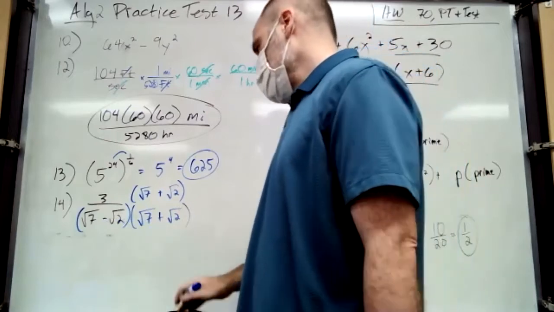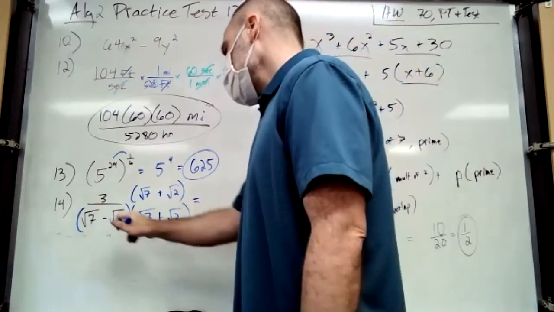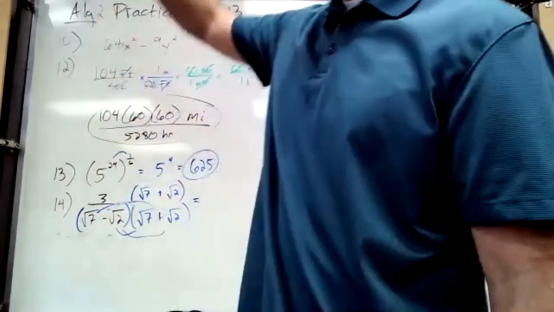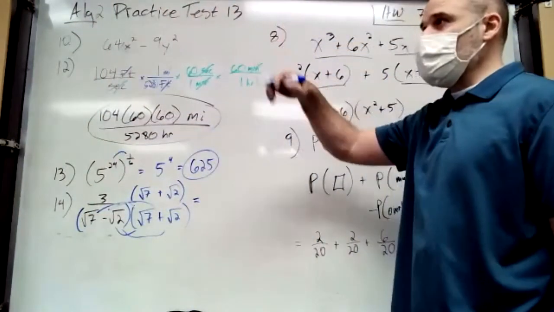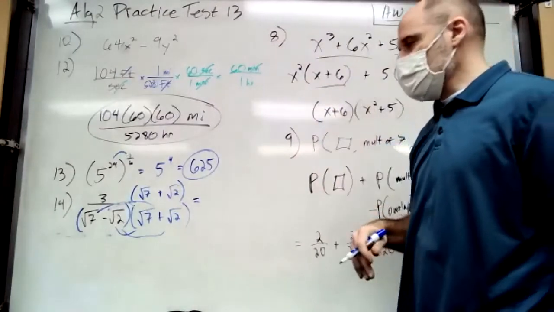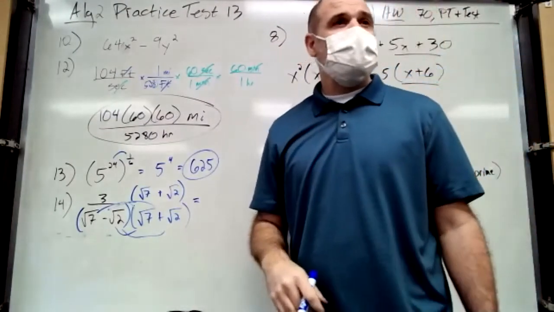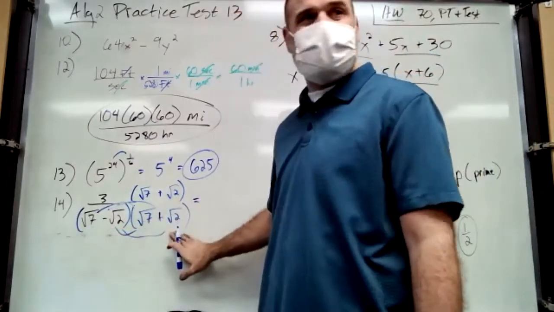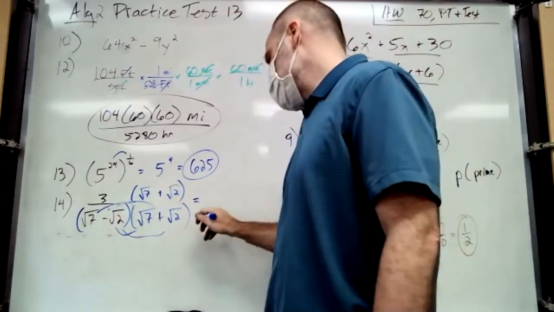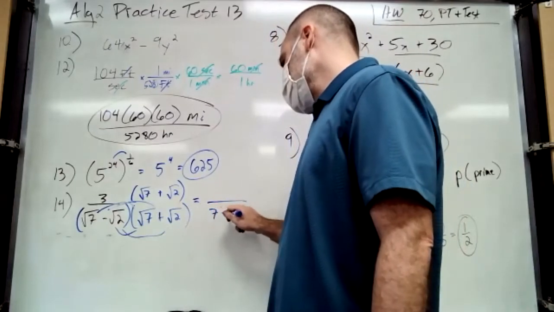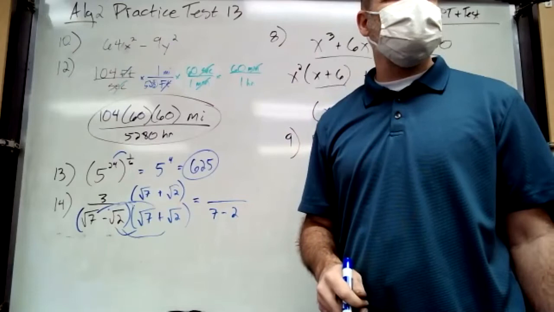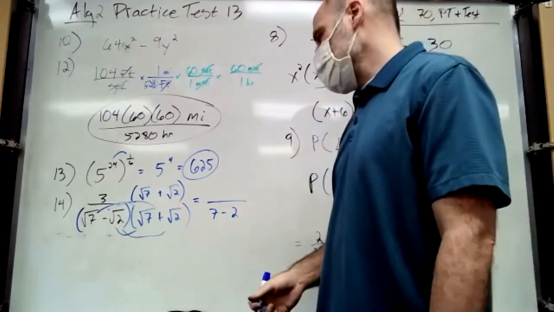All right, so you can FOIL this out if you want to, but what we learned from number 11, or 12, or 10, is it's a difference of two squares. So you just square that and square that. So this is just 7 minus 2, because radical 7 times itself is 7, and radical 2 times itself is 2.